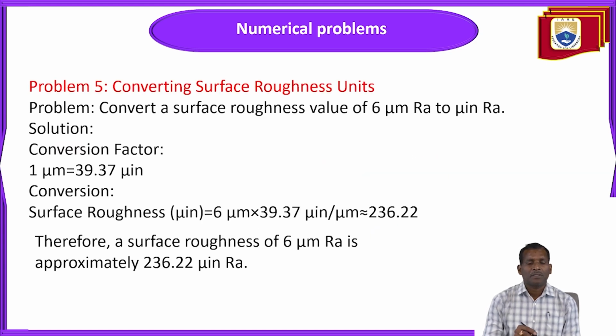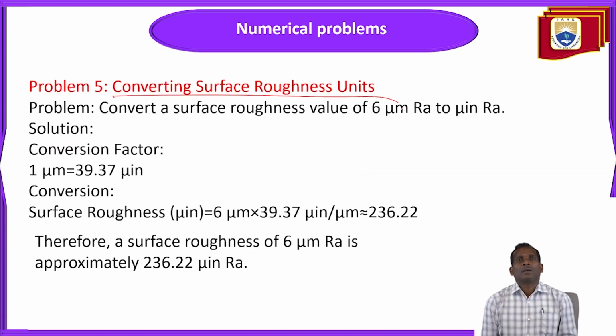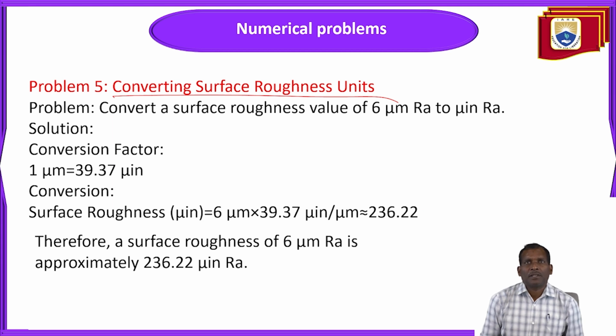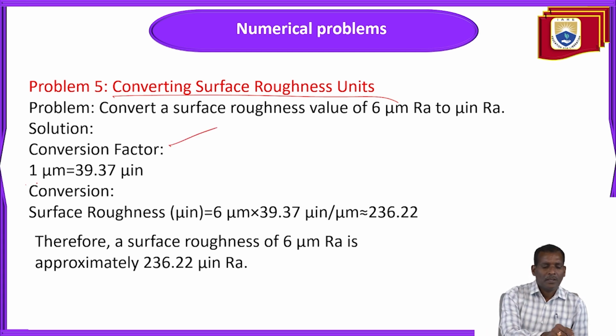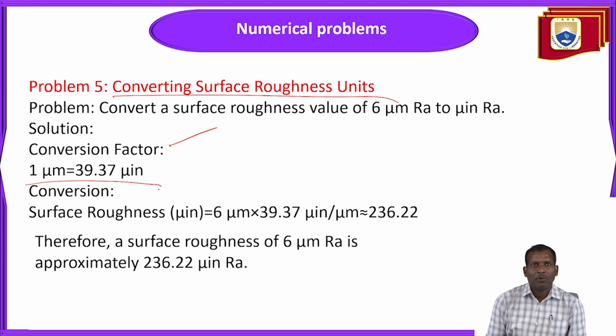Next, converting surface roughness units. How to convert the surface roughness units? Convert the surface roughness value of an average roughness of 6 micrometers to micro inch roughness values. The conversion factor is 1 micrometer equals 39.37 micro inch.